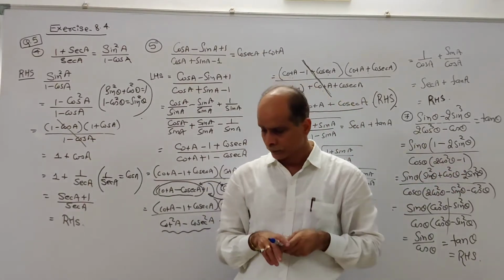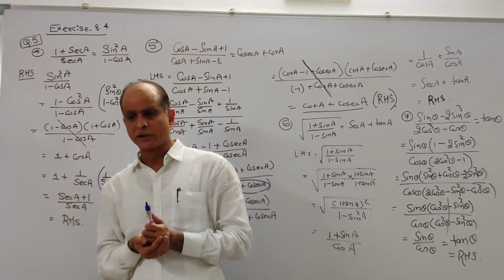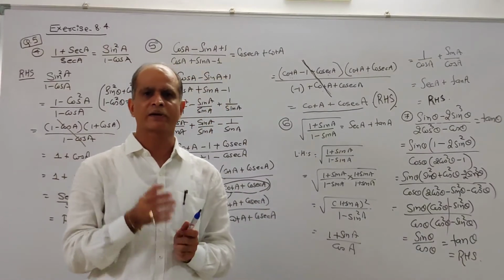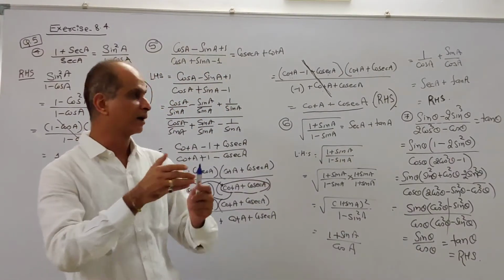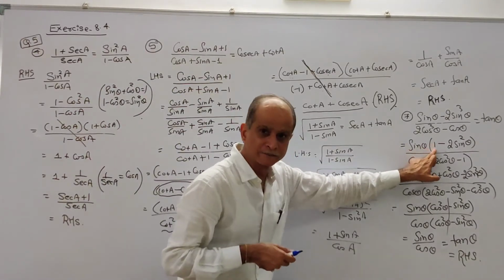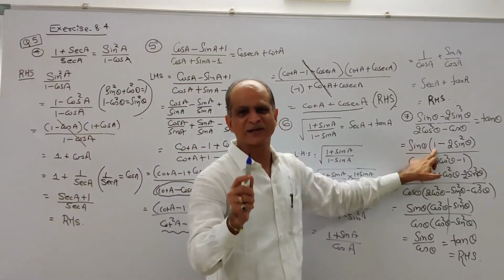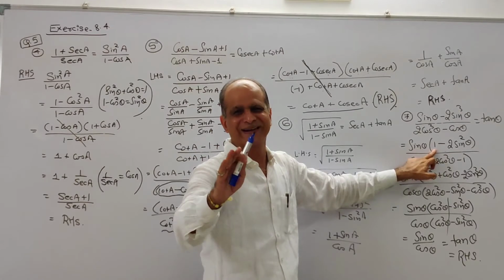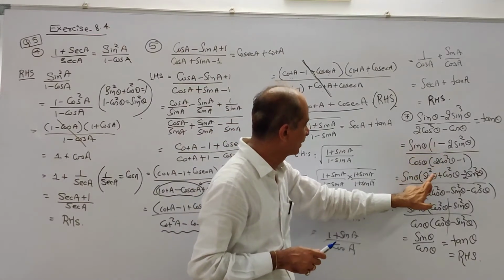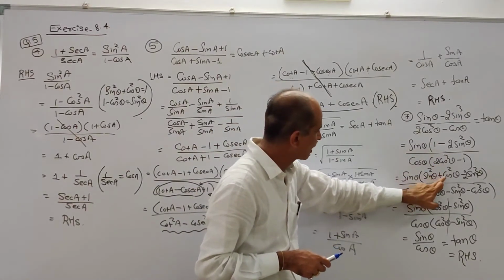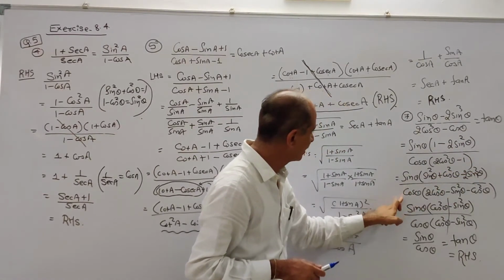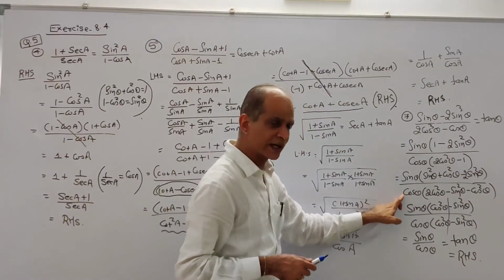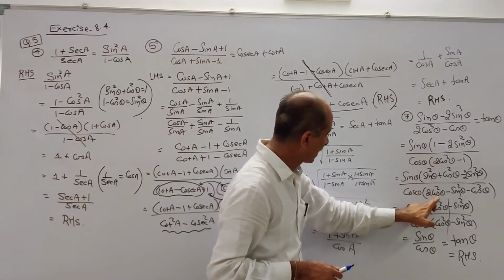Now, you know there is one fundamental identity of trigonometry, that is sin square theta plus cos square theta is equal to 1. So now in place of 1, write down sin square theta plus cos square theta, and you will get your answer. So in place of 1, let me write sin square theta plus cos square theta minus 2 sin square theta as it is. Same way in the denominator, cos theta in common, 2 cos square theta as it is.